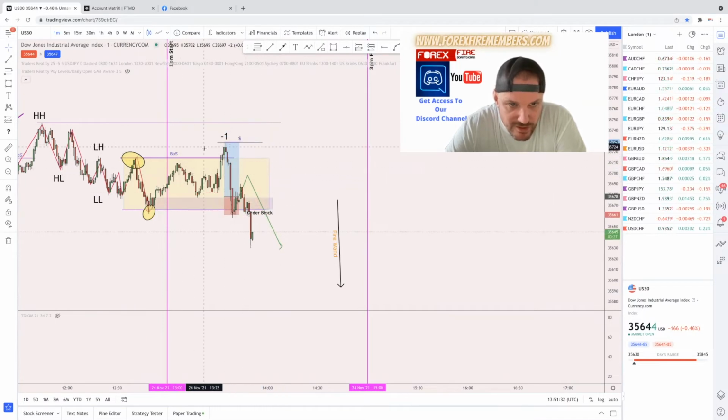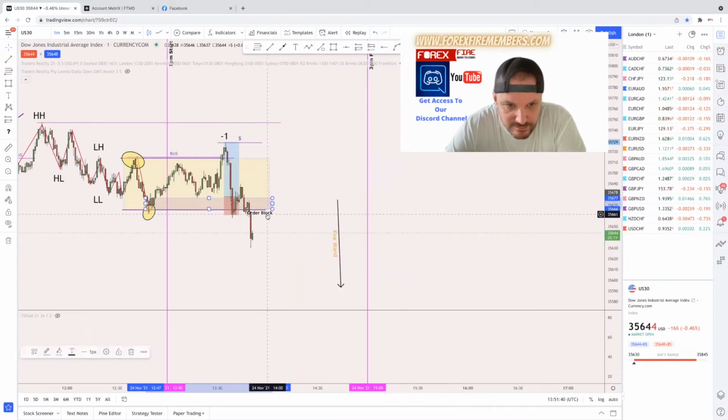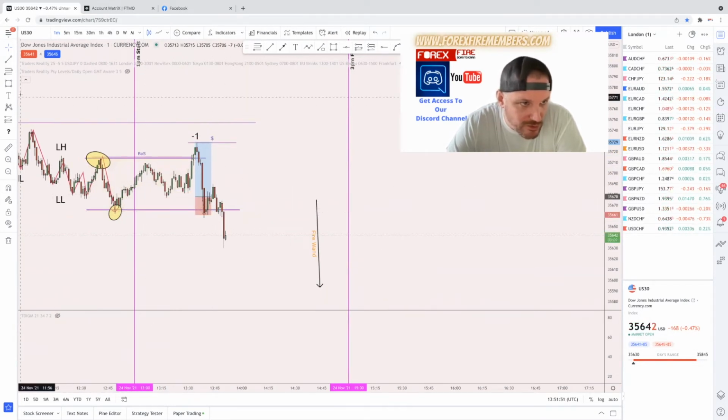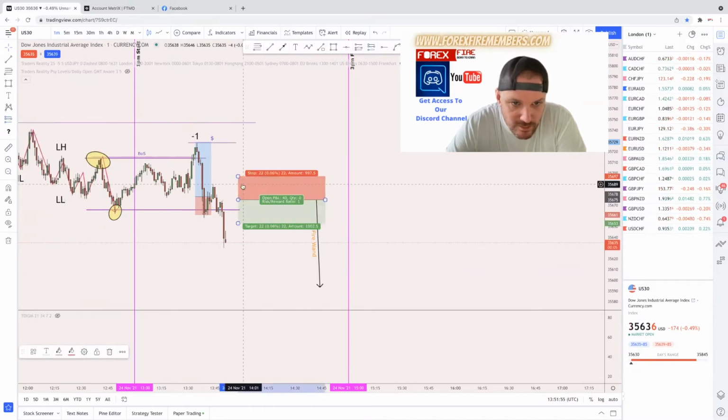So this here was the original range. Get rid of that order block there. Right, so as we've pulled out of the range here, I want to concentrate on a short being here.